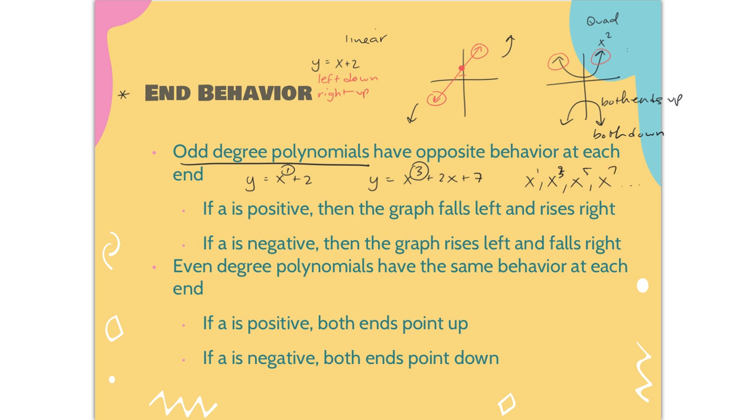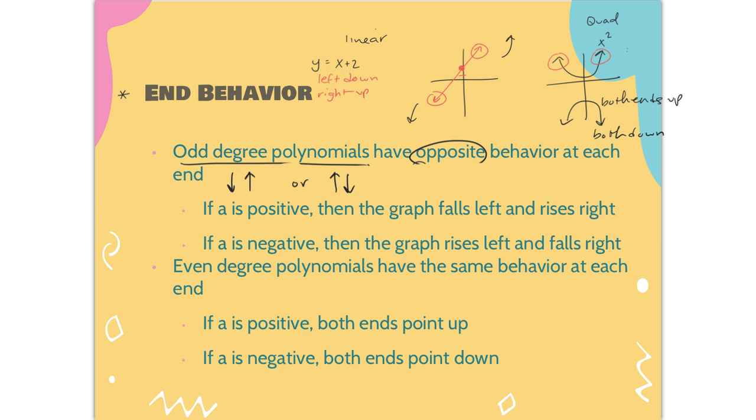Anytime that leading term has a degree or an exponent that is odd, the ends are going to go in opposite directions. By opposite directions, I mean that if the left goes down, the right is going to go up. Or if the left goes up, the right is going to go down. So you might say, well, how do I know which side goes up and which side goes down?